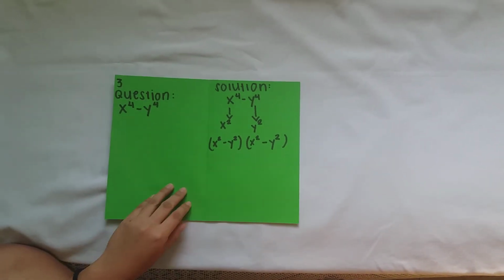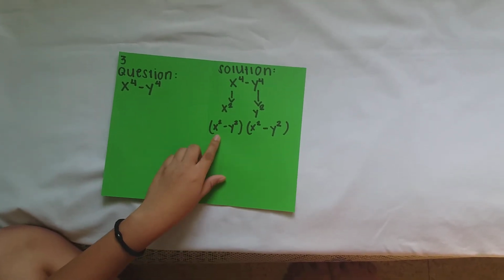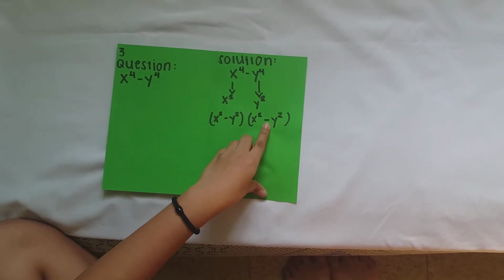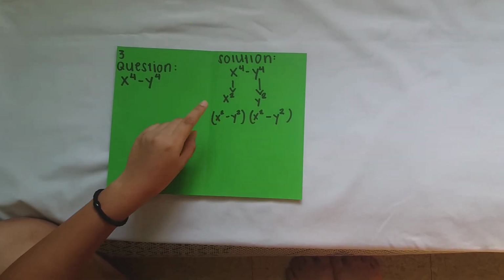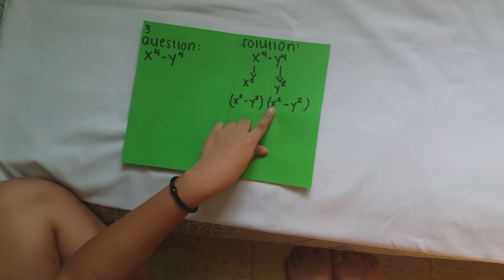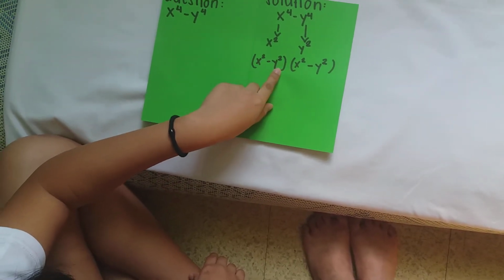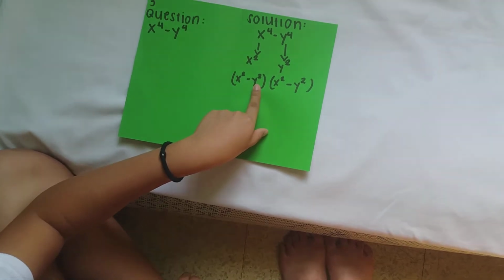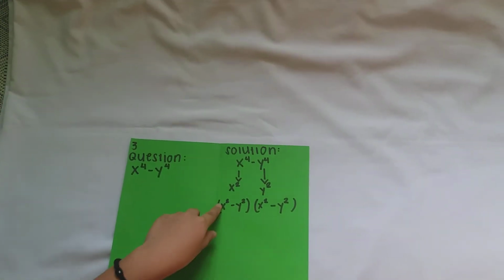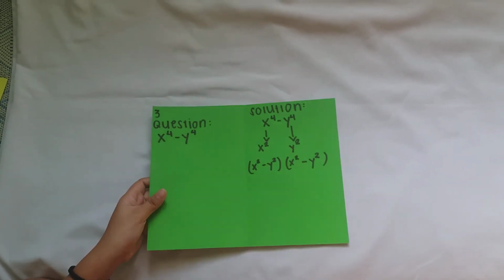All you have to do is put it in the parentheses, and it should be plus and minus. Sorry for my correction. So x squared times x squared is equal to x raised to the power of 4. And y squared times y squared is equal to y raised to the power of 4.